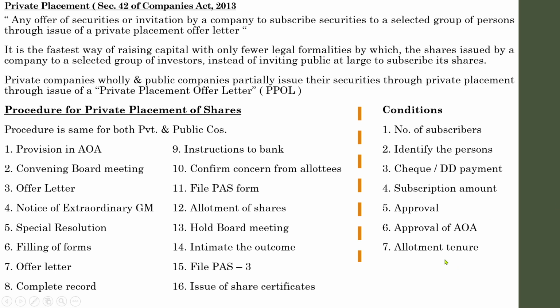So with regard to allotment, make sure allotment has to be carried out within 60 days or the money has to be repaid from the 75th day. For example, certain individuals might have paid the subscription amount, so the company must make sure to make the necessary allotment in time, because if the company fails to do so by the 75th day, the company has to repay all the subscription amounts.